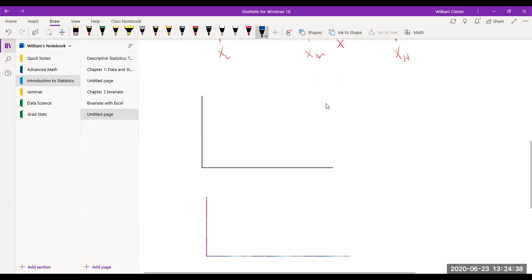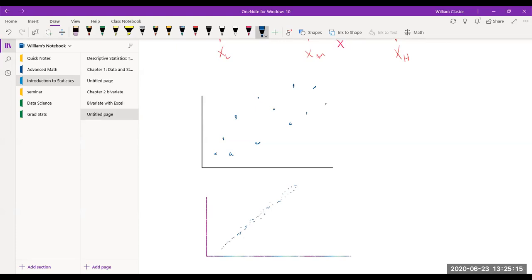Here we have one set of data, and here we have another set. Okay, everyone see the difference?